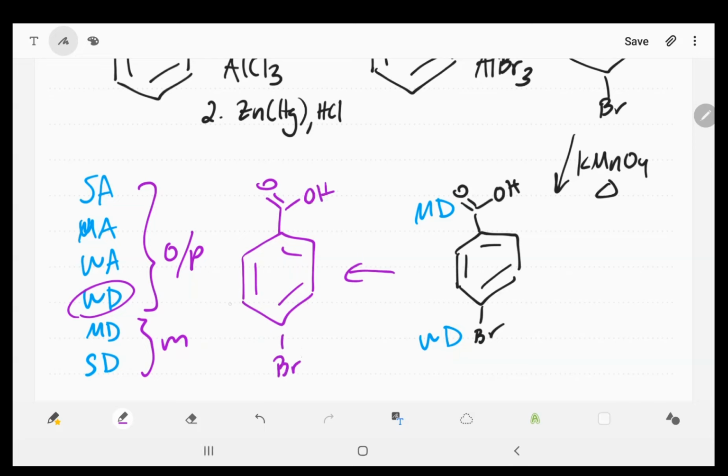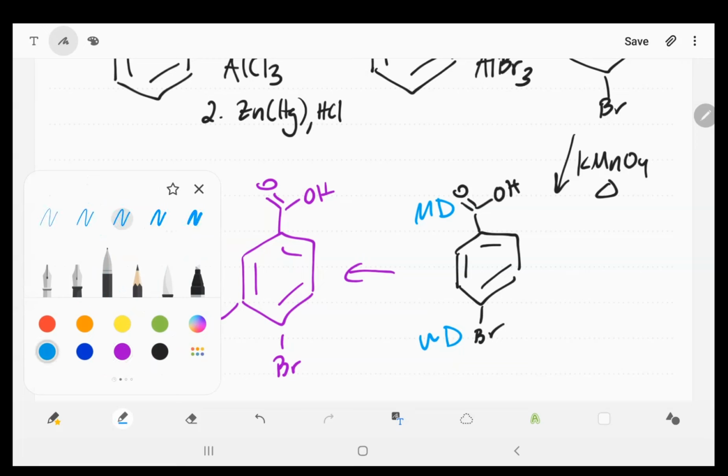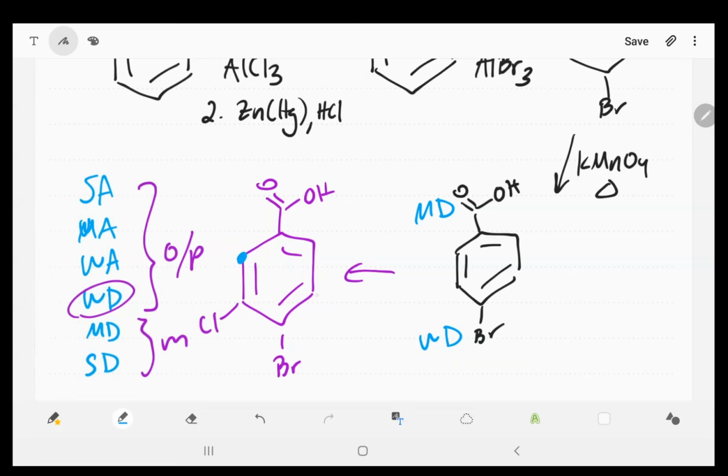I'm glad you noticed that. So now, if we try to nitrate this, we don't know if we're going to end up here or here, because both of those are weak deactivators. I mean, bromine might be slightly better, but that's a tough call, right? There's not a very clear distinction about what's better here.